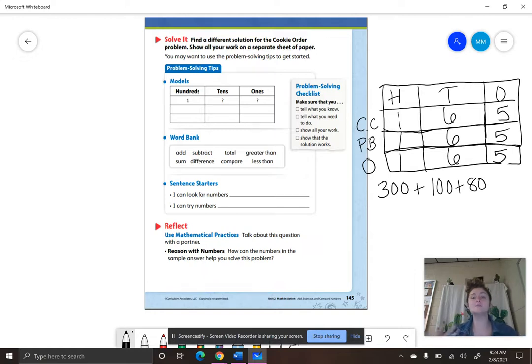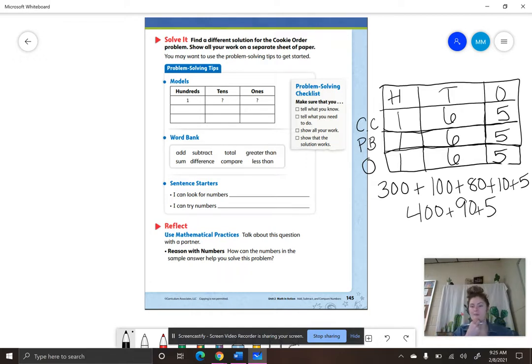So now I am suggesting that I could have 165 chocolate chip, peanut butter, and oatmeal, 165 of each type. If I put my ones together, 5, 10, 15 ones, so 1 ten and 5 ones. So 300 plus 100 would be 400. 80 plus 10 would be 90.